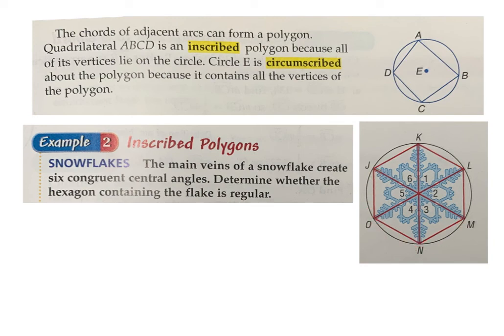And so if these are congruent arcs, we just found out from the theorem that congruent arcs are only formed by congruent chords. So if the arcs KL and LM are congruent, then the chord KL is congruent to LM. All right? The next thing that makes up this polygon here are these radii. Those are all congruent. So you have all congruent sides, which means you have a regular polygon.